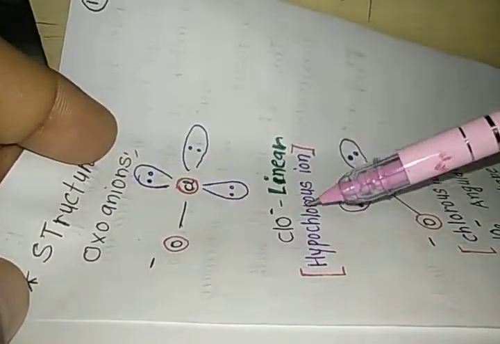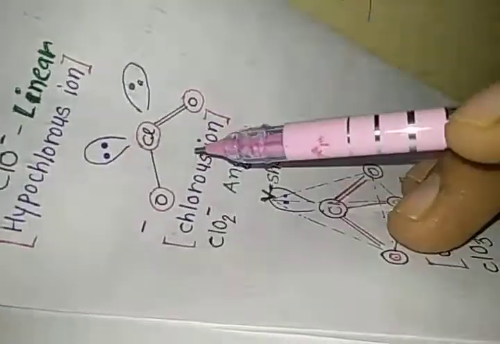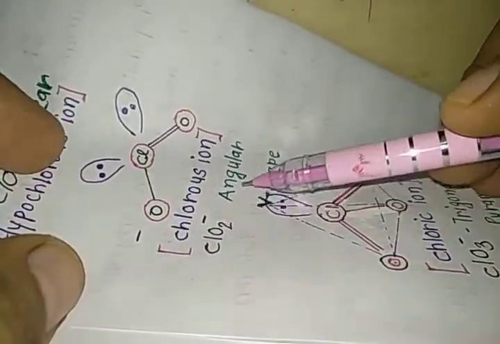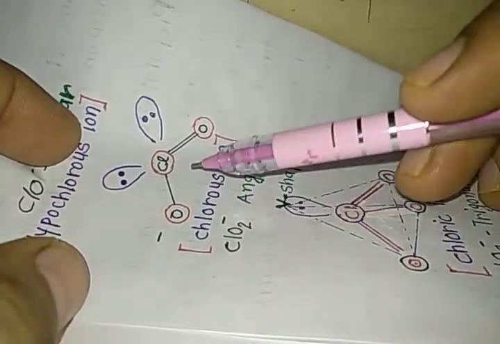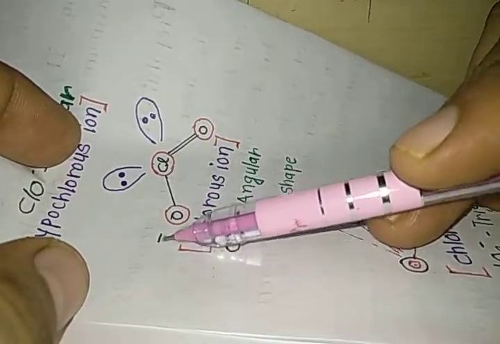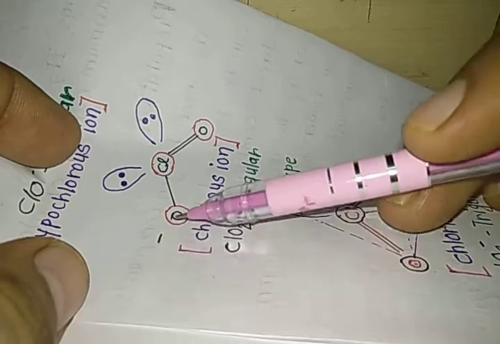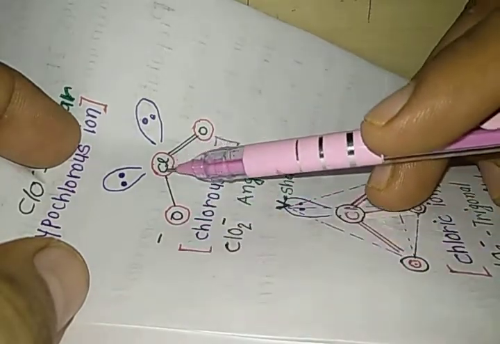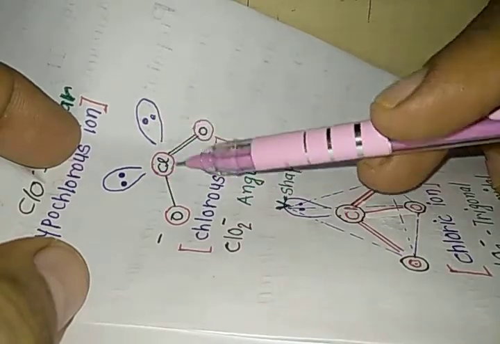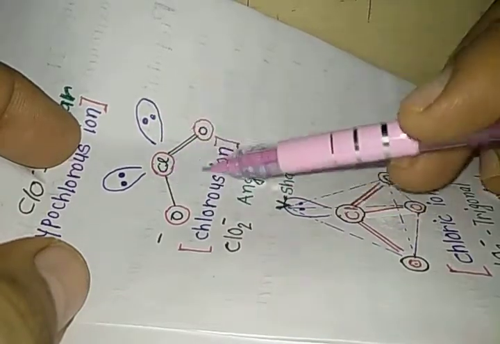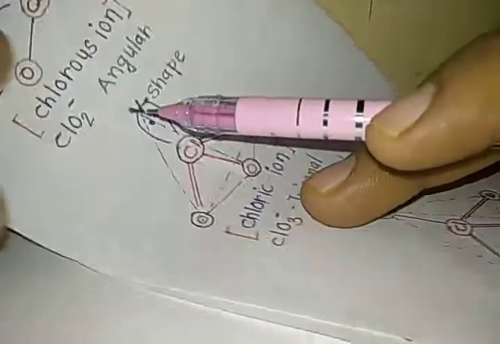Three lone pairs, which is a linear structure. Then we have ClO2 minus, chlorite ion, which is an angular structure: Cl single bond O with a minus charge because hydrogen is removed. Chlorine is double bonded with oxygen, and has two lone pairs. Due to this lone pair, this is not going to be linear, but it is an angular structure.